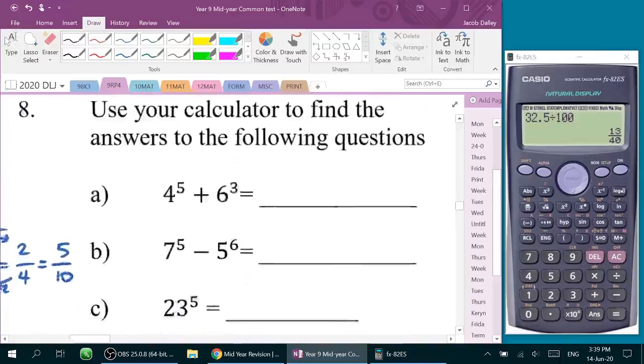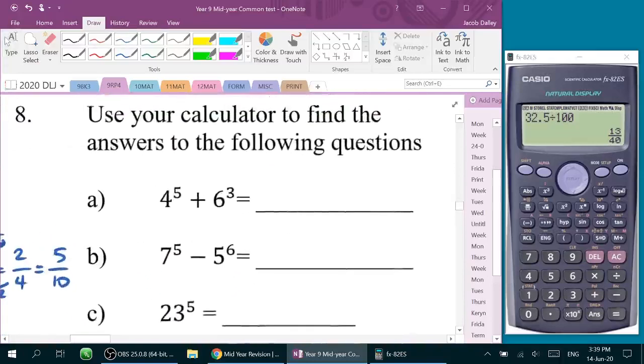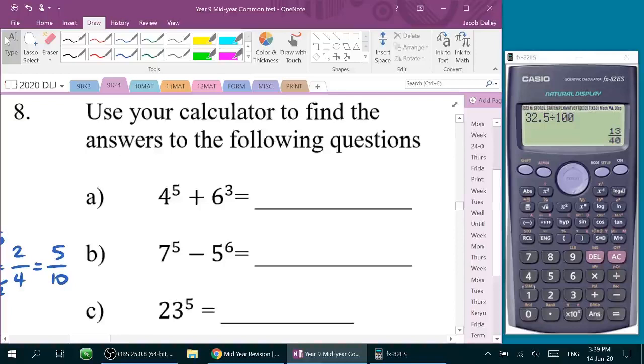Alright, number 8. Use your calculator to find the answers to the following questions. So we used this button before, the X with a little square box above it. Sometimes that box looks different, so you can either use that to get your exponents, or sometimes there's a little up arrow for some calculators.